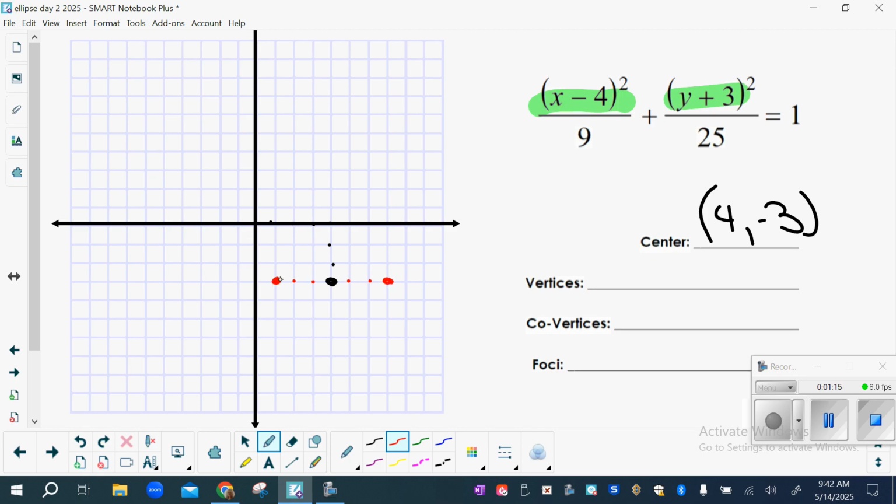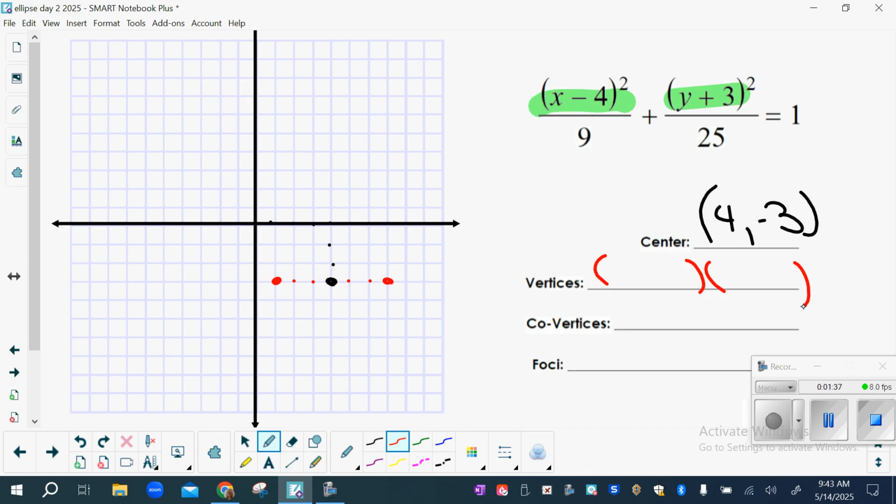1, 2, 3. Now I'm going to be really honest with you. I hate counting on a graph. I don't know why. I'm lame at it. I can't do it. So I'm going to show you what I do. I know that I'm going to be adding on 3 jumps to the X coordinate.